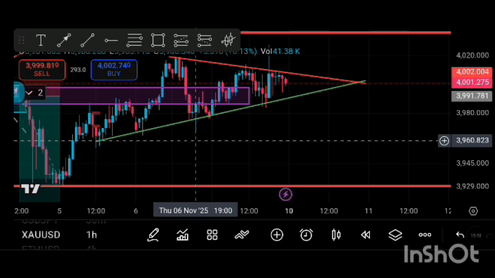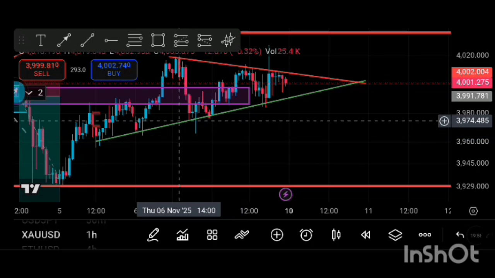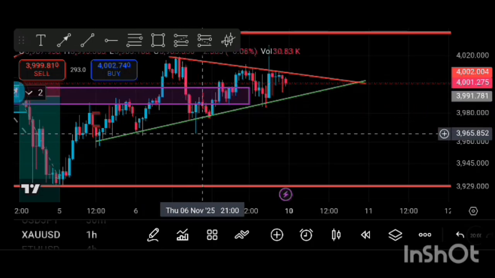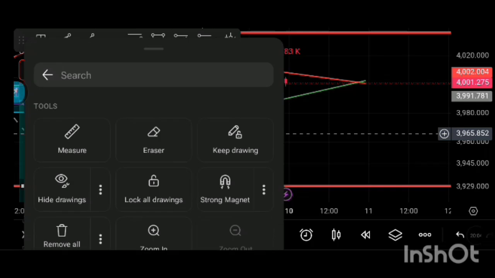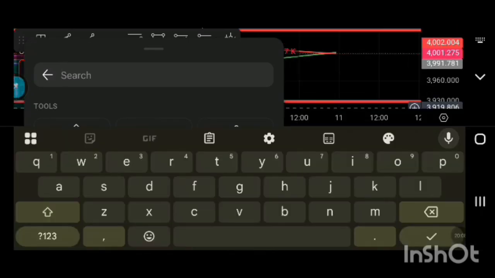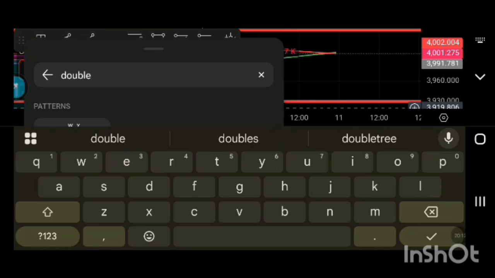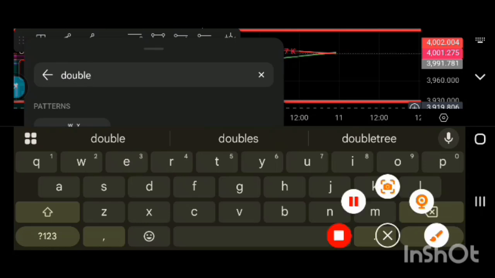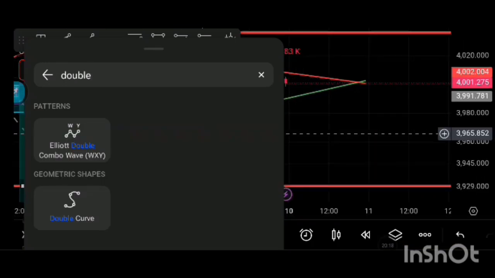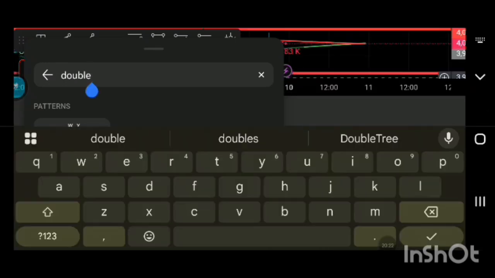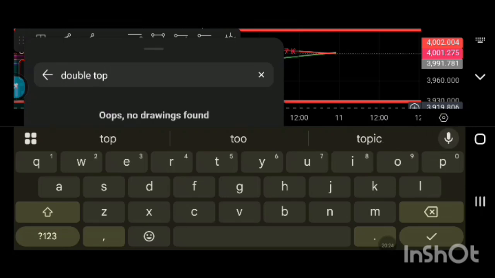Reason being is the double top pattern I see. So just go here on the search bar, say double top. Okay, it's not there.